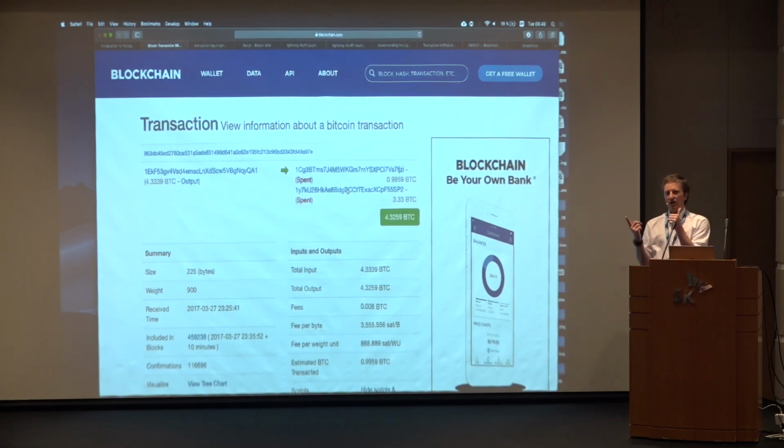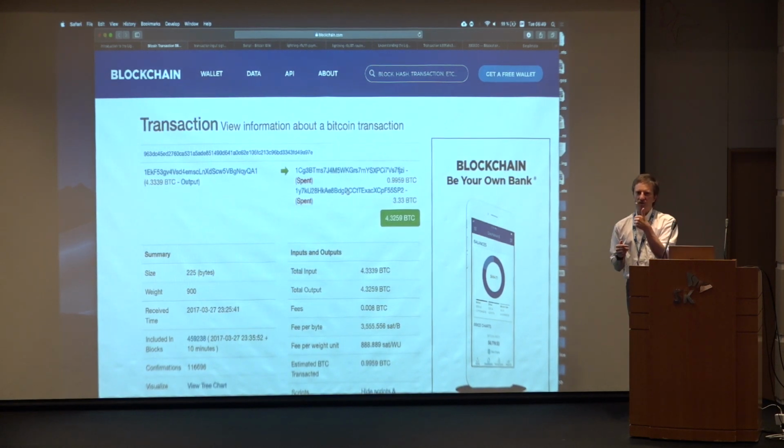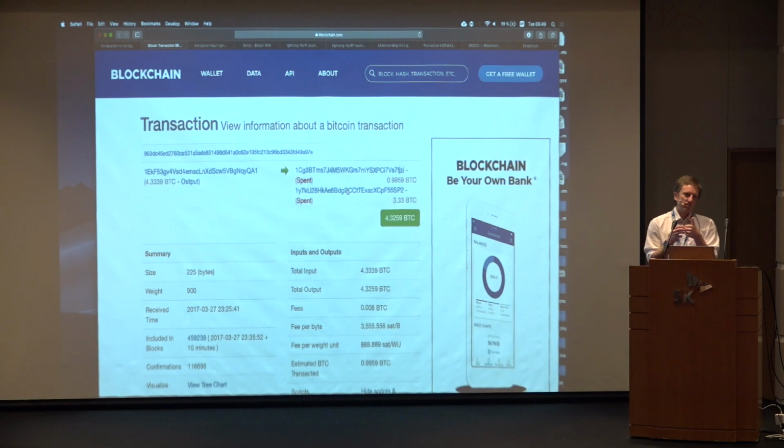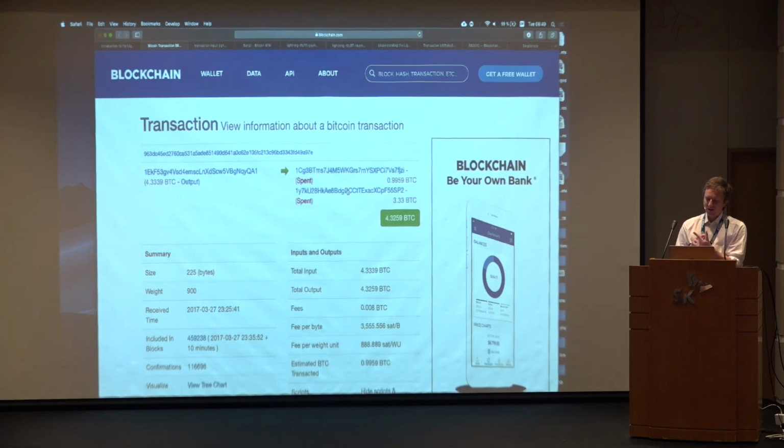We're checking the signature, which can only be generated by somebody owning the private key, and we're checking the public key, that it's the same, right? Why don't we check only the signature? We could, but for consistency, we're checking both. Yeah.